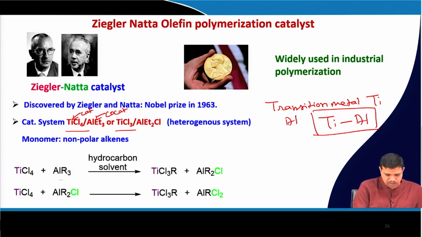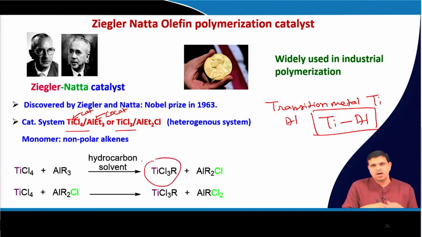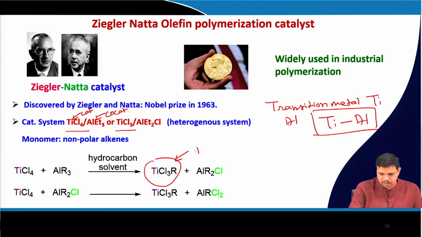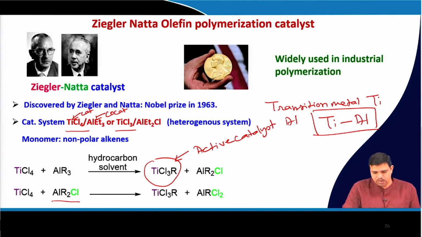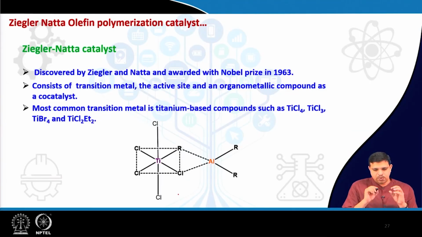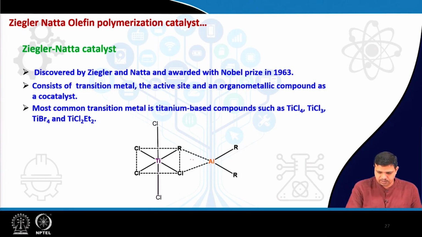You will see here the titanium chloride TiCl4 that forms TiCl3R. We will discuss how it is formed and why it is important. So this TiCl3R is basically the active catalyst. Similarly, if you use dialkyl aluminum chloride, you will get the TiCl3R. So these are the active catalysts. Now let's try to understand in a little more depth.